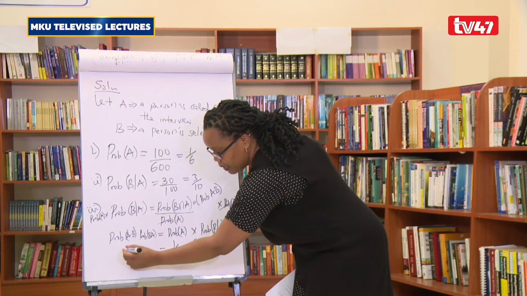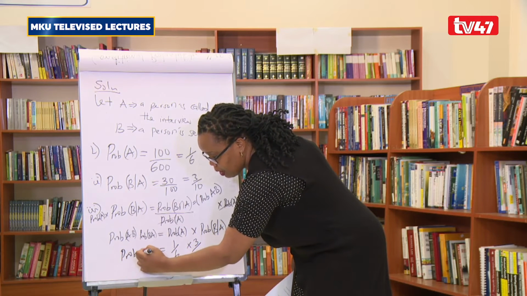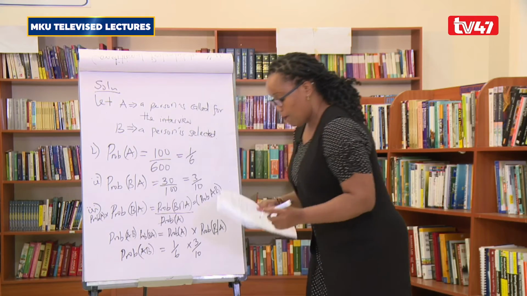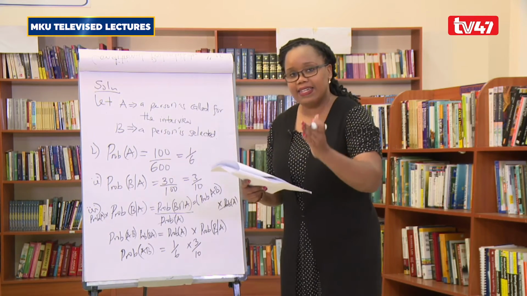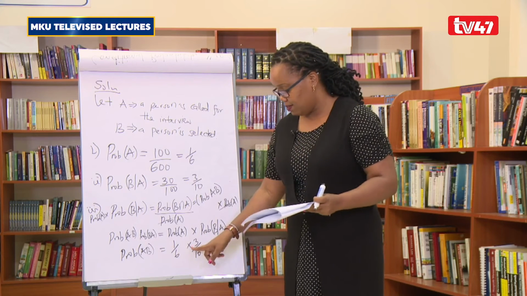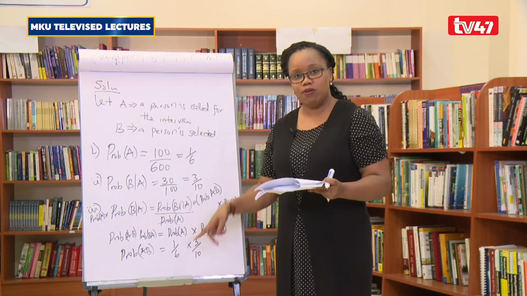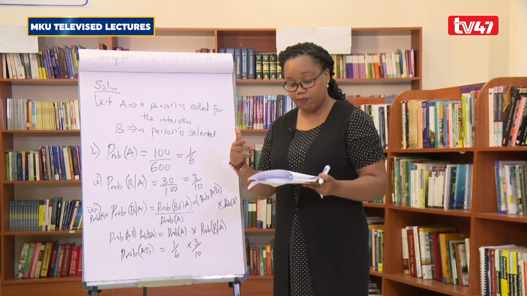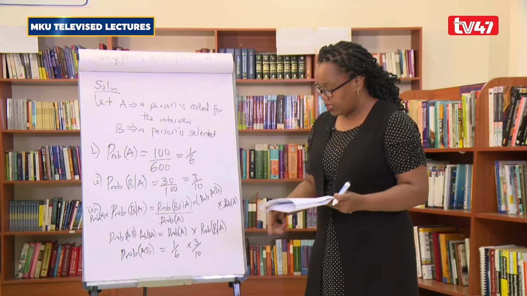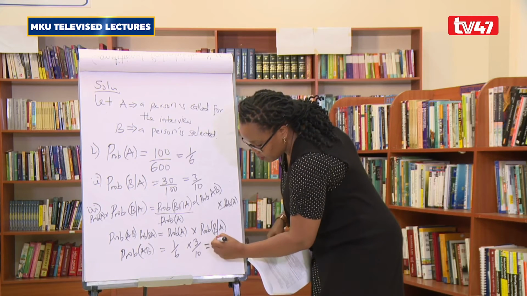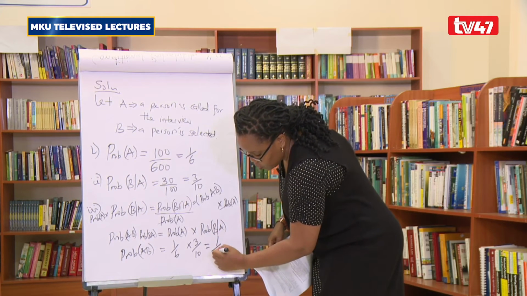So the probability AB, whereby a person is called for the interview and is selected, and for multiplication, if we translate it mathematically, will give us what? So we have 3 over 60, which when simplified becomes 1 over 20.